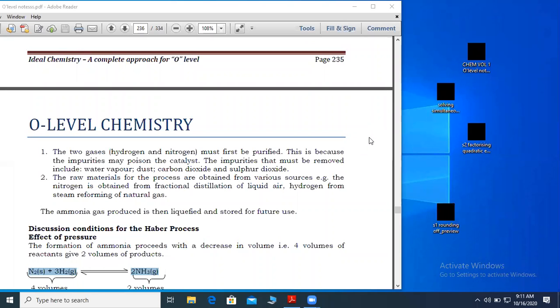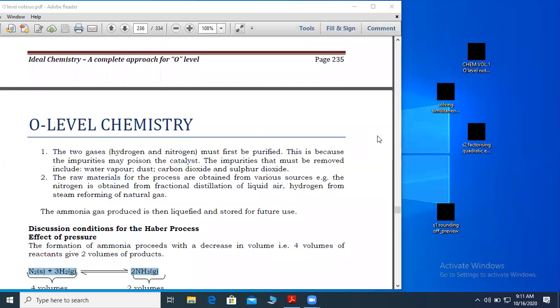A catalyst. What is the name of the catalyst? By the way, for your information, those who just wrote a catalyst, I crossed. You are not supposed to get any mark. There are very many catalysts. In chemistry, you should specify. Can you tell us the catalyst you are referring to? The catalyst that is used there. Finely divided iron. Very good, wonderful.